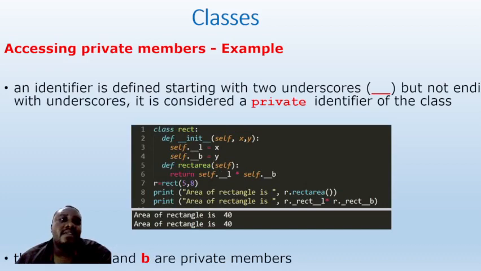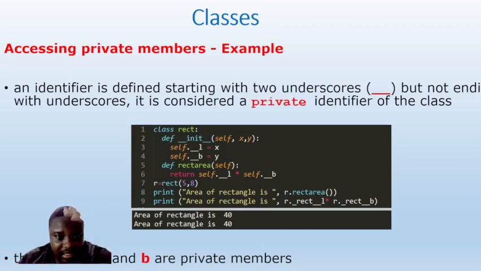Okay, access private members. This is an example of accessing a private member. An identifier defined starting with two underscores, so if you see two underscores you must remember it's private, but not ending with underscores, is considered a private identifier of the class.